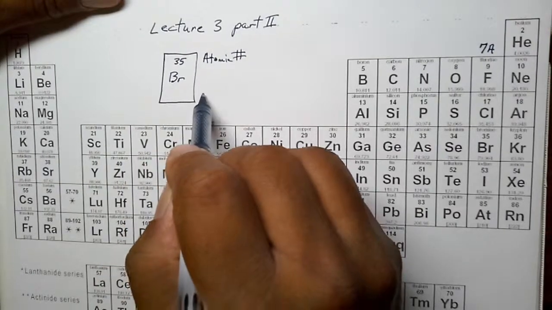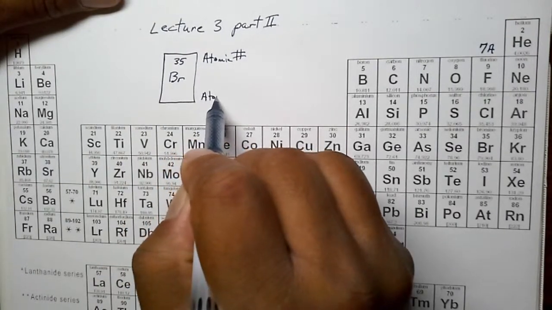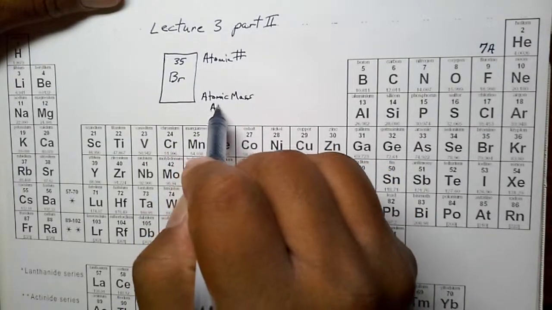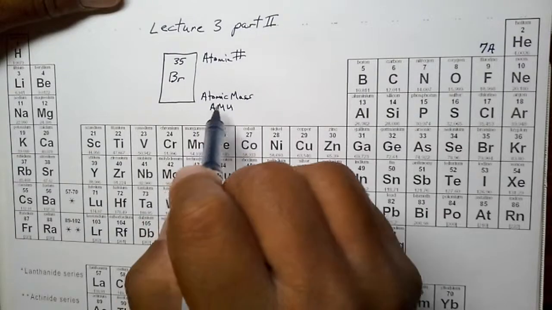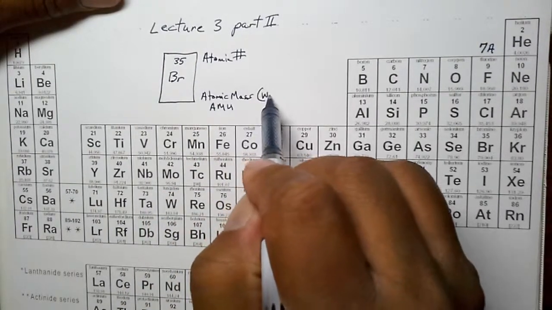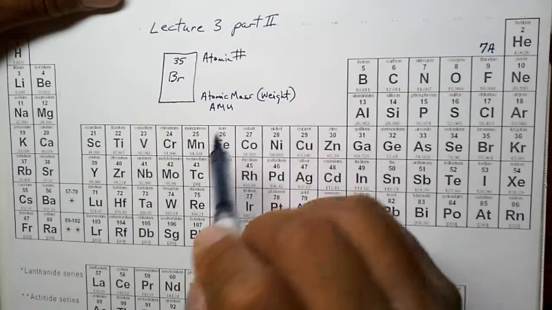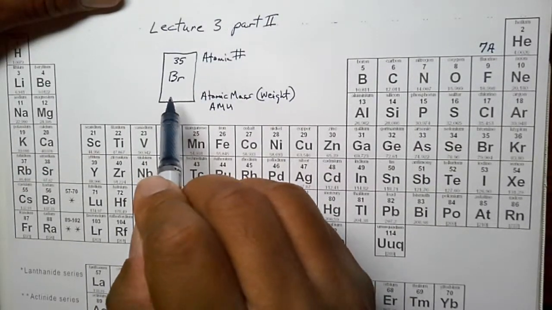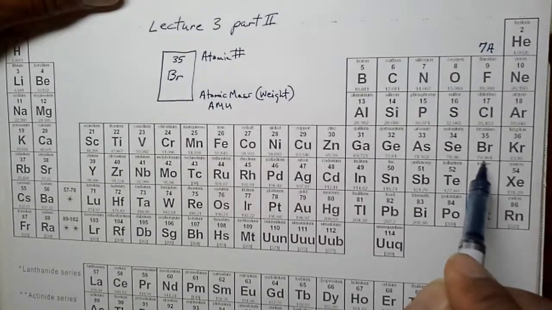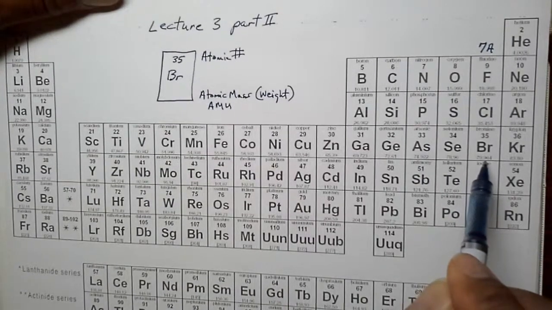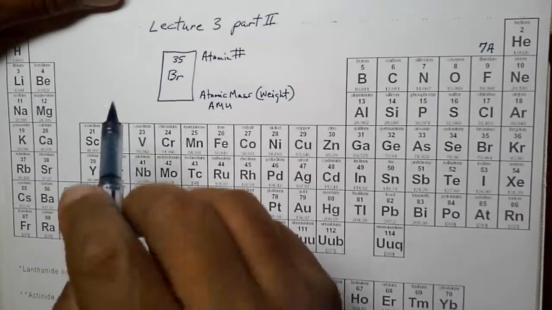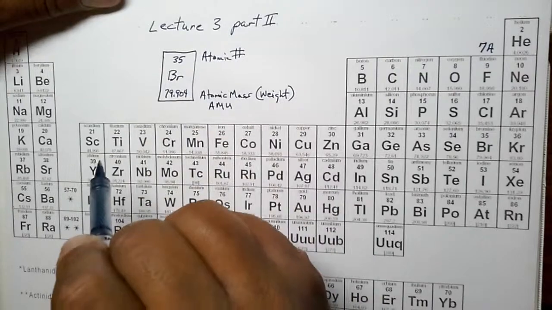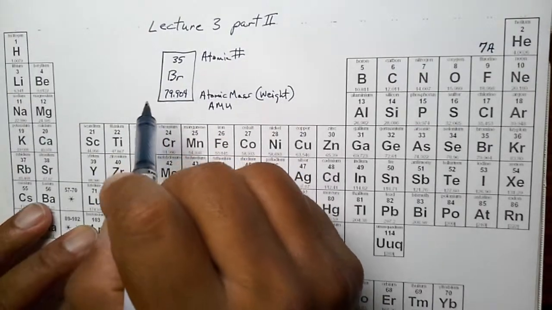The atomic mass, or atomic mass units, sometimes it's referred to as the atomic weight, is located here below the symbol, and the atomic mass, or AMU, for bromine is 79.904. You'll find that below the symbol.